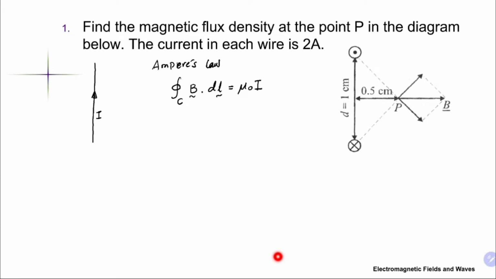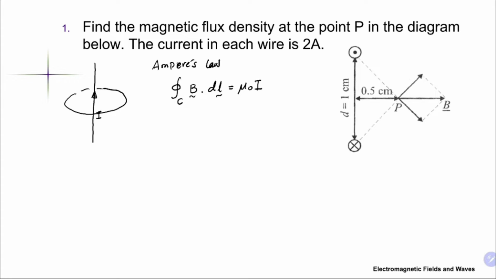So in Ampere's law, when you choose the loop, you try to find the loop along which the magnetic flux density lines run. So you have to have some prior knowledge about how the magnetic flux density behaves. For a line of current, we know that the magnetic flux density is going to circulate around the line, so that will be the best loop to choose.